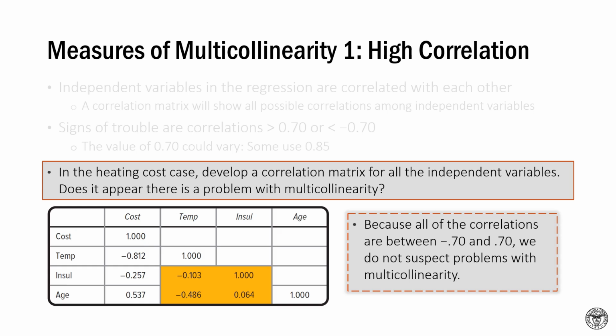As depicted in this correlation table, the highlighted area shows the correlations among the independent variables in the heating cost case. Given that no correlation coefficient surpasses 0.7, we can infer that multicollinearity is not a significant issue in this instance.